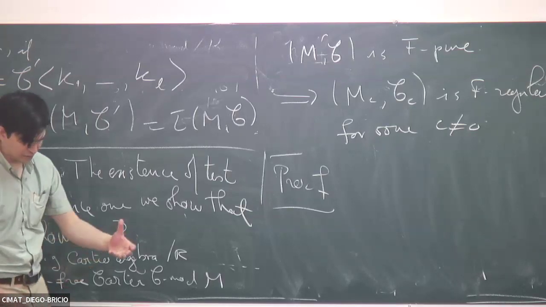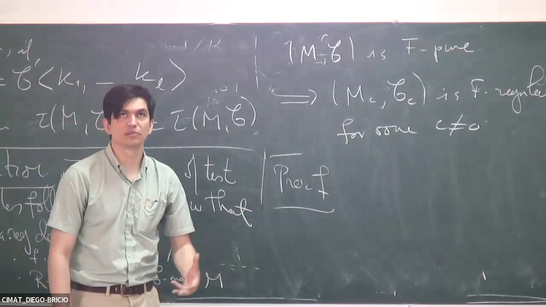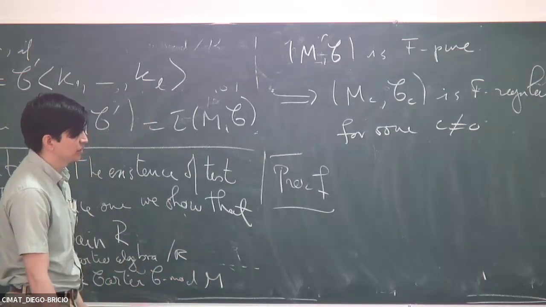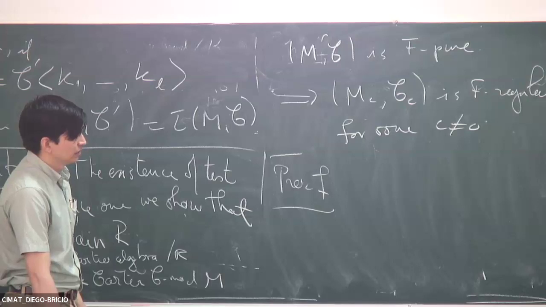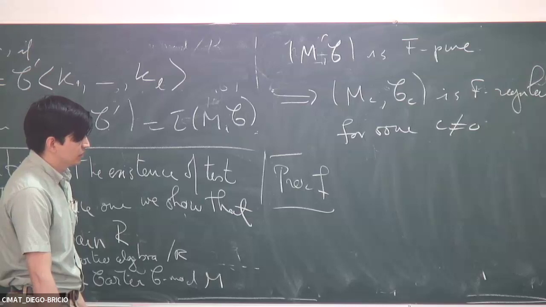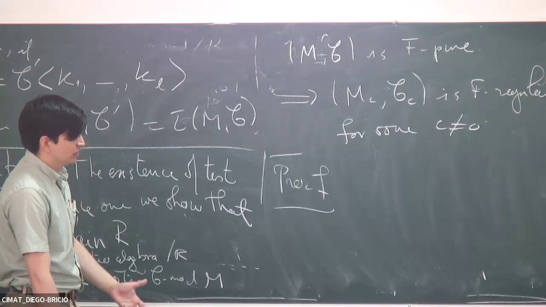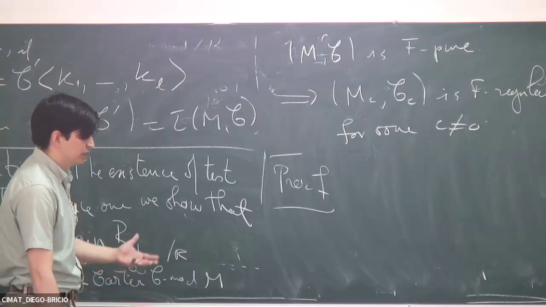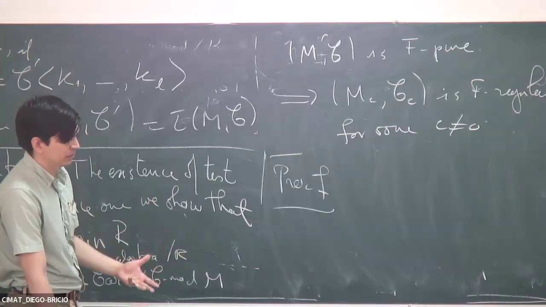But then you have to argue that you can assume that your algebra is finitely generated, but I think the first lemma is enough for that. Because it says that the test ideal is computed by a finitely generated one. The second lemma tells you that the test ideal of C prime and the test ideal of C double prime are the same.